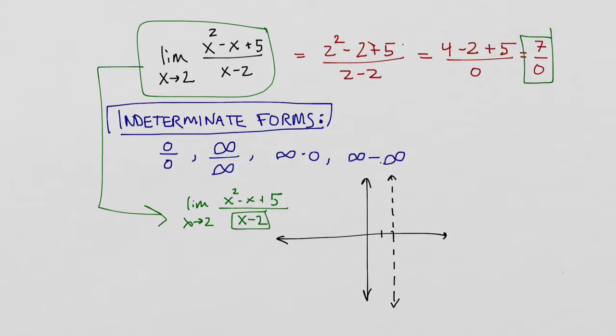So it could be that our graph looks something like this, in which case the answer to this limit problem would be positive infinity. Or it could be that our graph looks something more like this, in which case the answer would be that the limit doesn't exist because the limit from the left doesn't equal the limit from the right.